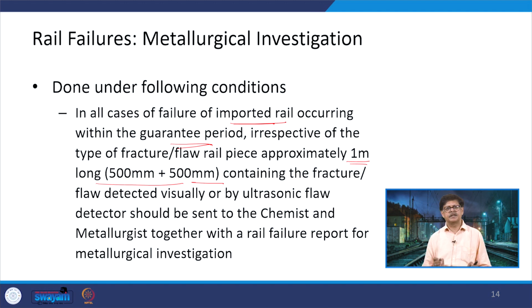So, 500 on either side of it, total 1 meter is to be taken, containing the fracture and flaw detected visually or by ultrasonic flaw detection, and then it is sent to the metallurgical investigation as well as to the chemist to check out what was the problem with this type of rail section.